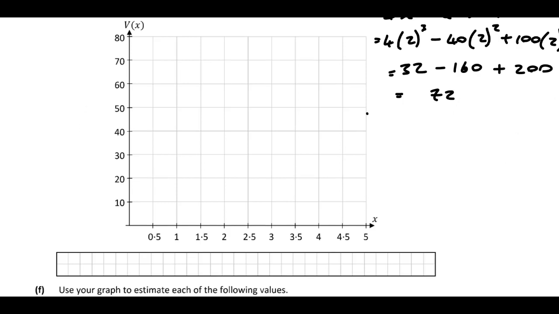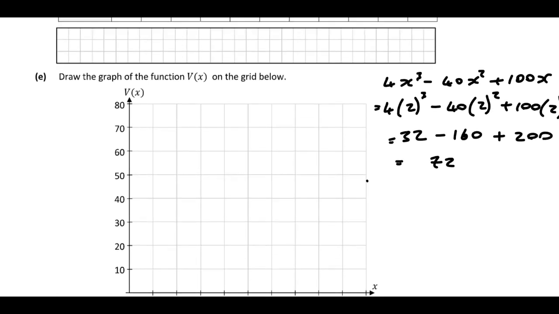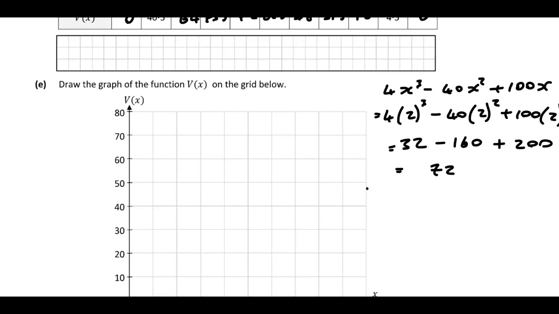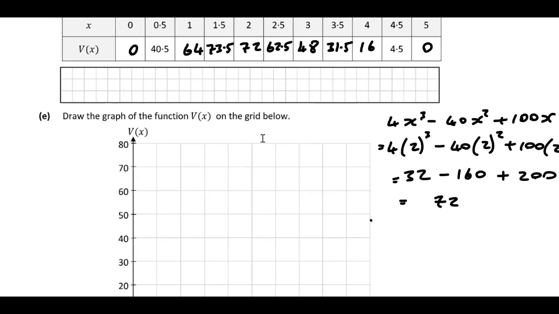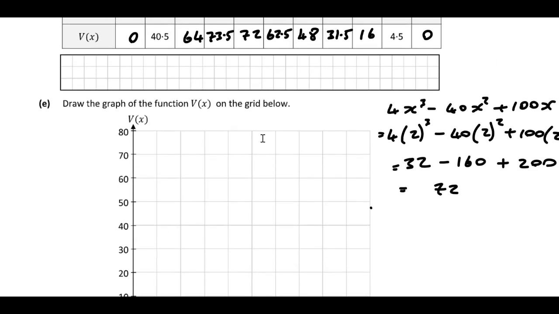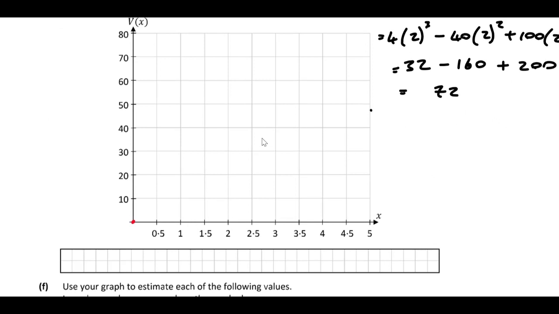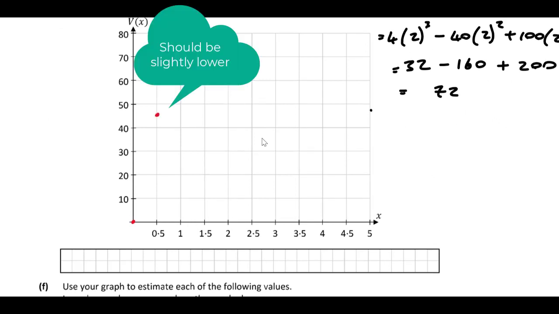Okay, so next thing we've got to do is draw the graph of the function on the grid below. So what we're going to do here is just plot all these points. So let's take the first one here, which is just 0, 0. So we're going to put in 0, 0 here. Next one is 0.5, 40.5. So 0.5, 40.5, that's going to go here.